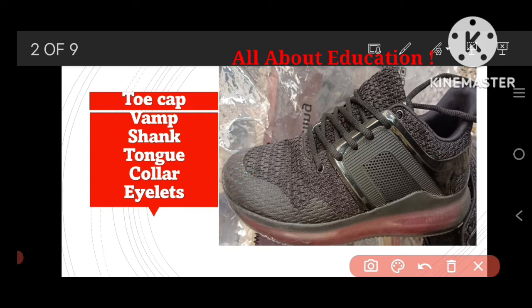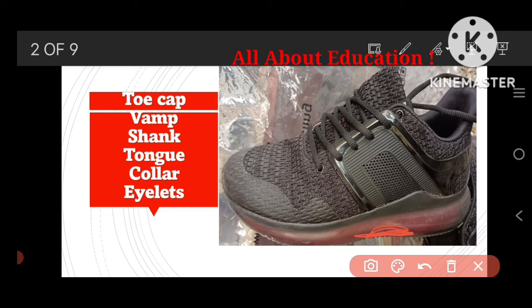Vamp is the middle part. This is vamp. A slight curve is there in the vamp. Now the shank. What is shank? Shank is the lower part. This part is shank, where you can see a slight curve.